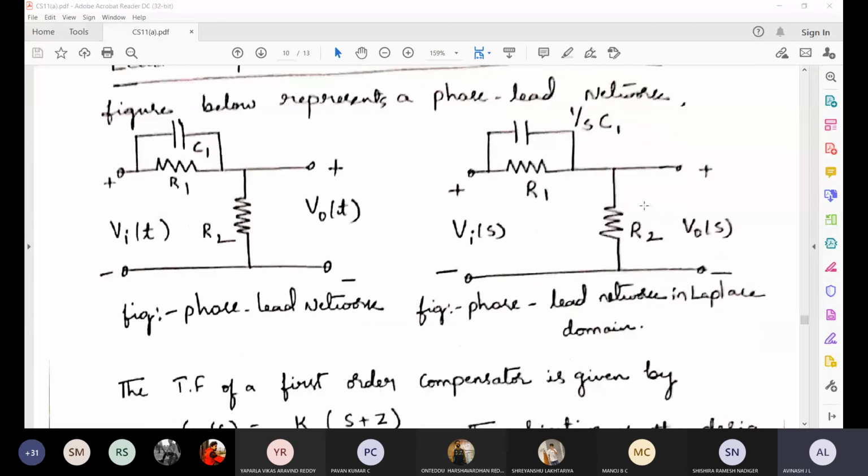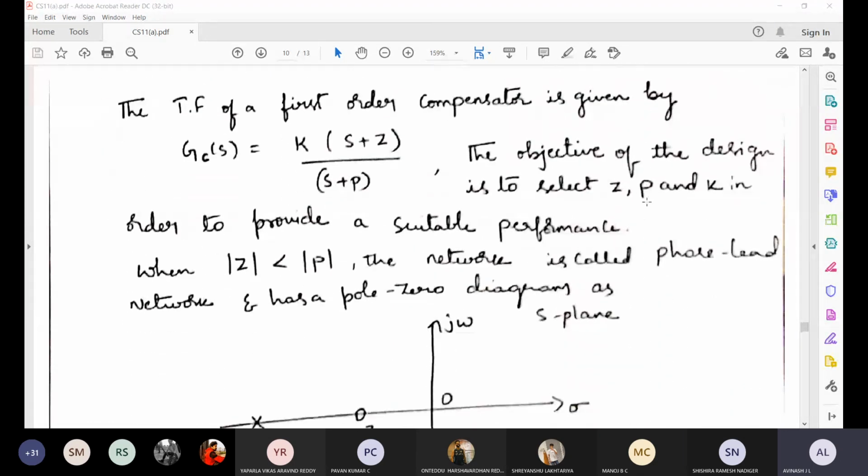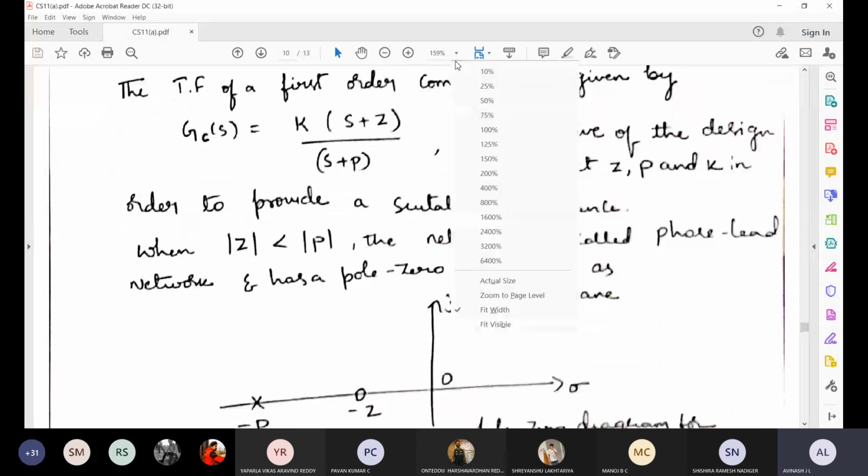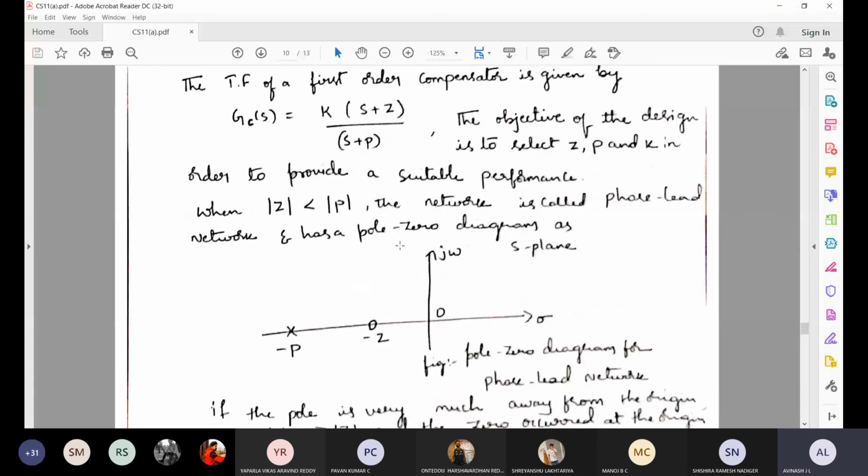After taking this one, you can go down and take the equation as well as the graph.